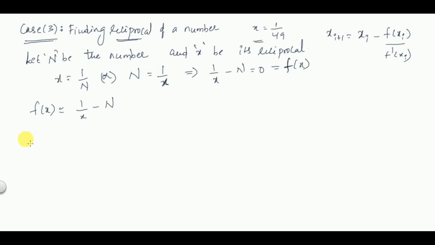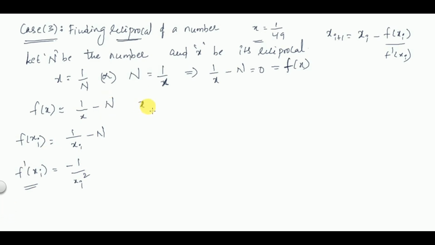We have f of xi is equal to 1 by xi minus n, and f dash of xi we have to find. The derivative of 1 by x is minus 1 by x square, and the differentiation of a constant n, which is a number, is 0. So this is the value of f dash of xi.